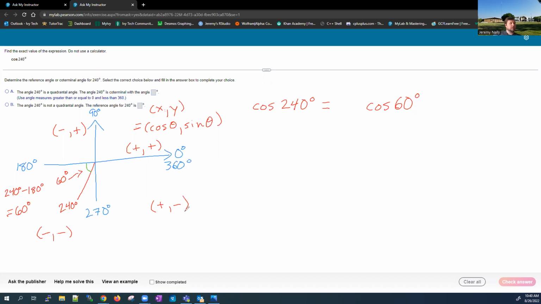And the way I remember those is I just think about the x and y correspondence. Okay, so then we can see in the third quadrant here, cosine should be negative. So then we tack a negative sign on the front of that.